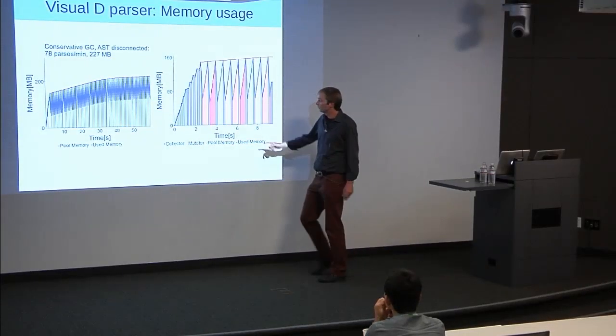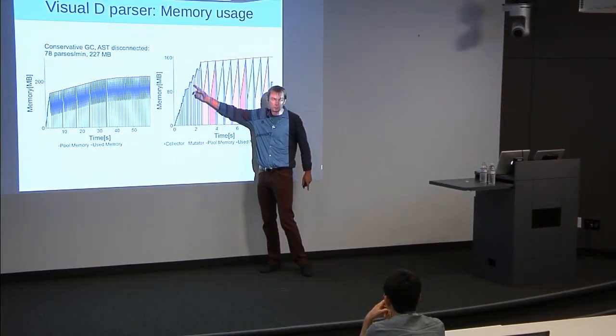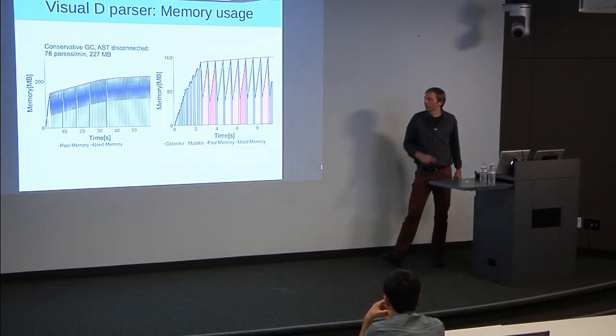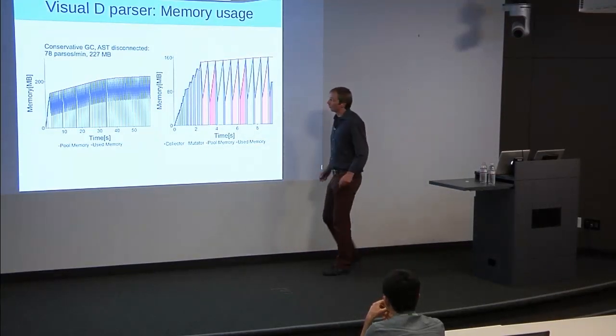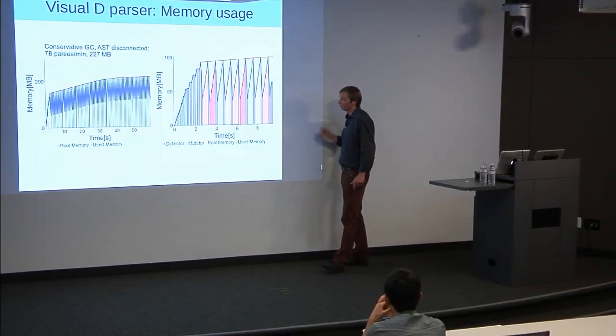What we see here is also that the allocation strategy of the GC can be improved, because in the beginning it is using a lot of time for just collecting garbage, although it cannot really free a lot.